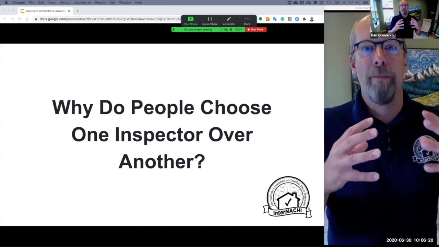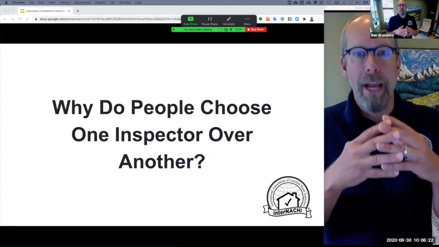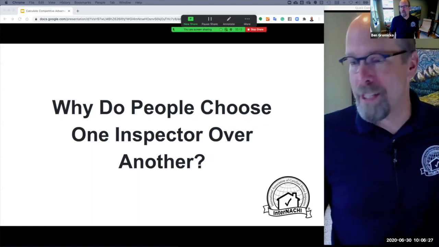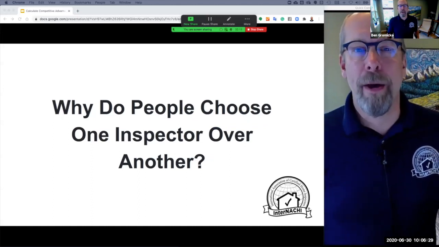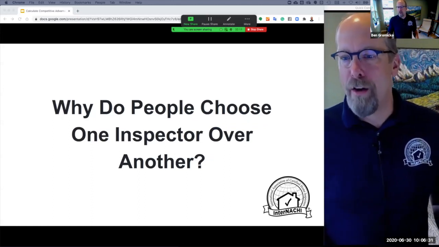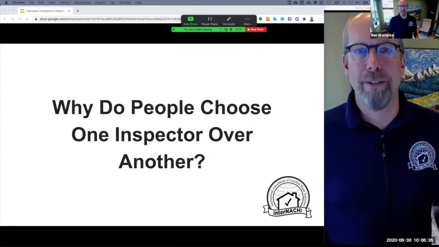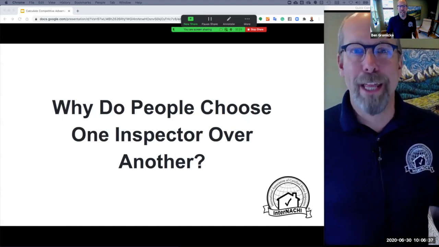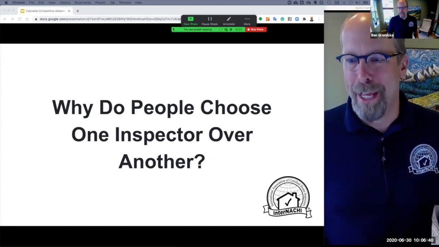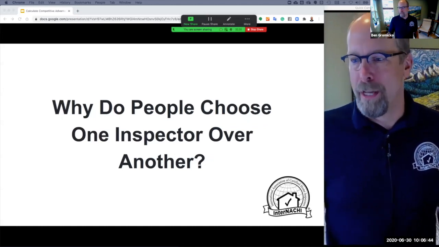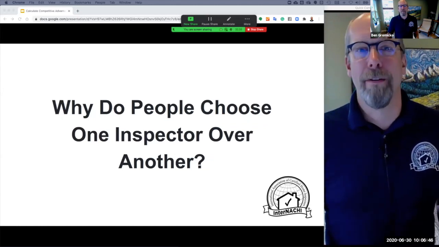What are the elements that combine in order for someone to make a decision to hire you? And when you're successful and you're enjoying a competitive advantage, you have a marketing strategy that combines several elements and mathematically creates a result, such as your company being hired by a consumer instead of another company.